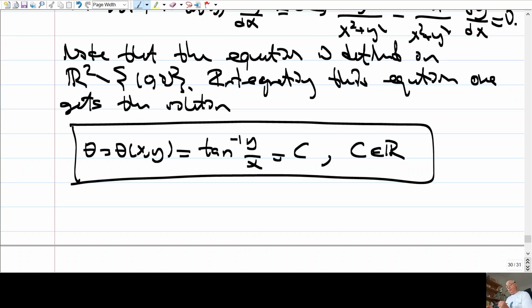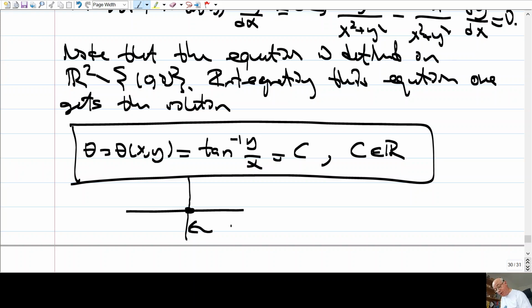the solution is not defined on the y-axis, although the equation is defined everywhere except the origin. The only trouble point is the origin, but you look at the solution, and solution is not defined on the y-axis where x is 0.